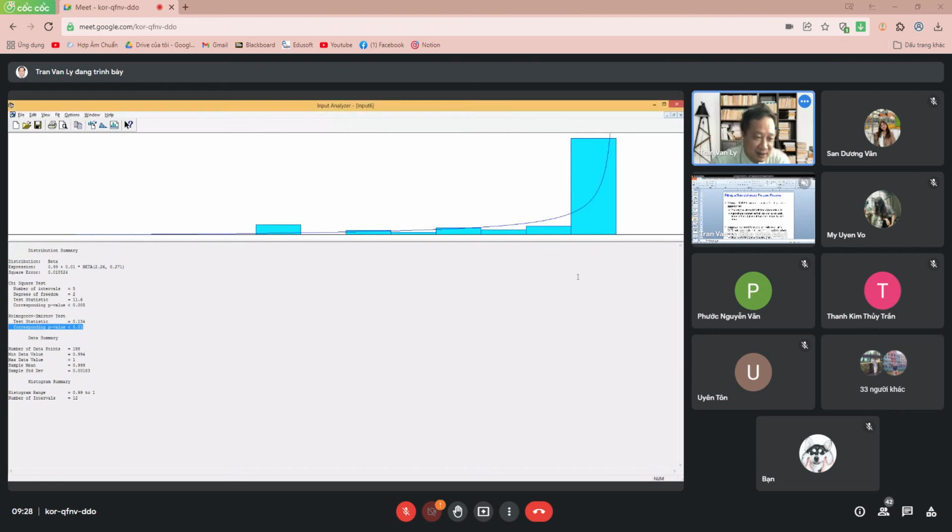So many things. Arena, many other software also can. You can code for your selection process also.